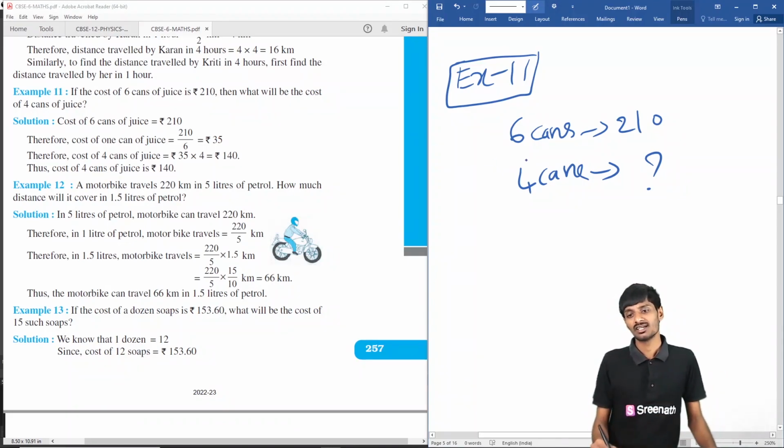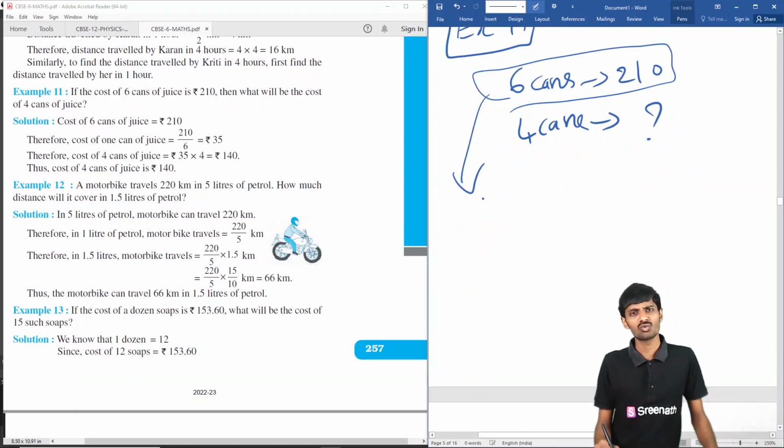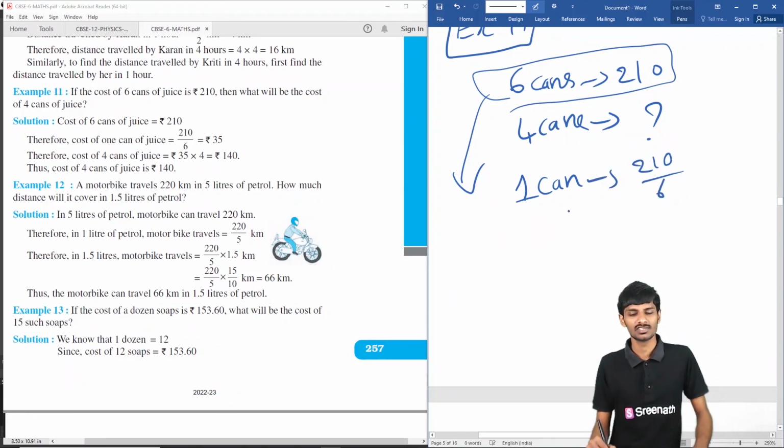Don't worry, friends. You know the cost for 6 cans. By the unitary method, now you have to find out for 1 can. For 1 can, it is how much? Simply divide 210 by 6, total cost by total cans. If you divide both these things, you will get for 1 can. And it is 35 rupees.